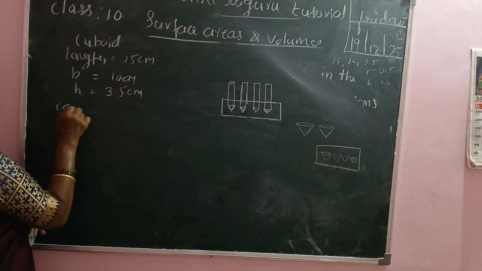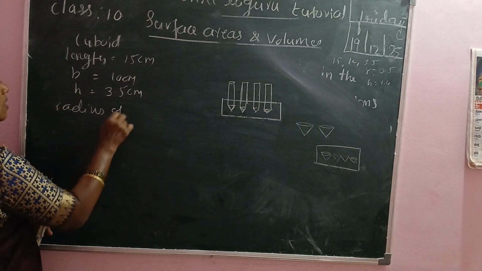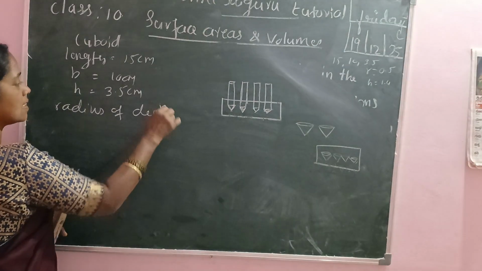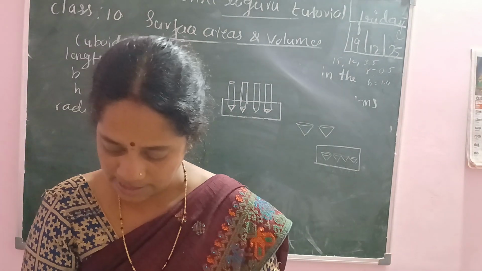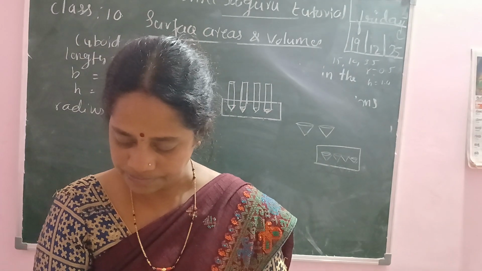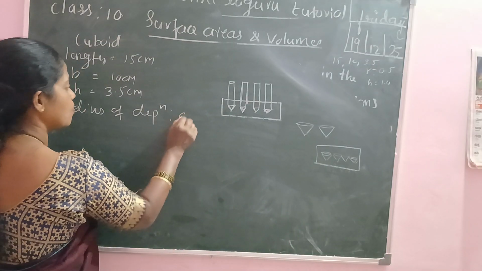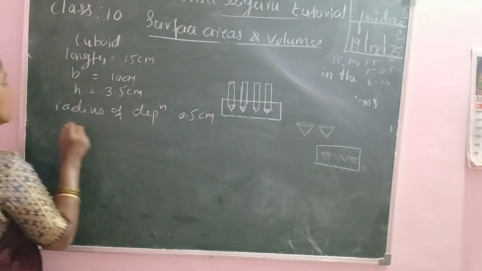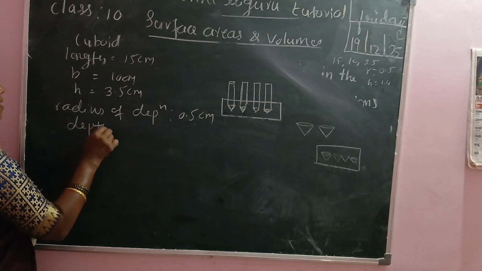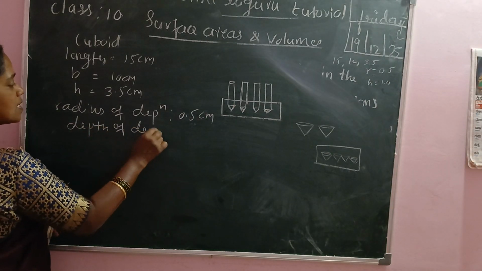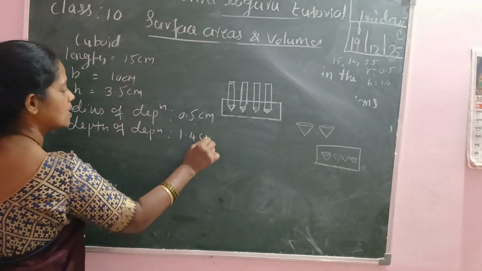And the radius of the depression is 0.5 cm, and the depth of the depression is 1.4 cm.